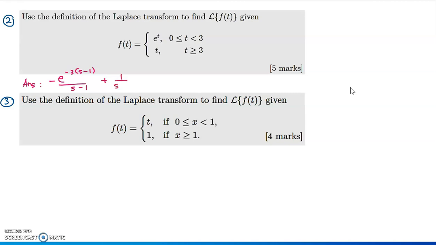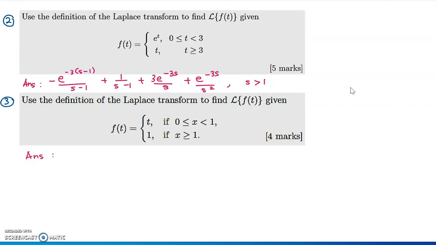So 1 over s minus 1 plus 3e^(-3s) over s plus e^(-3s) over s squared, where s should be greater than 1 in order for us to have a convergent solution.